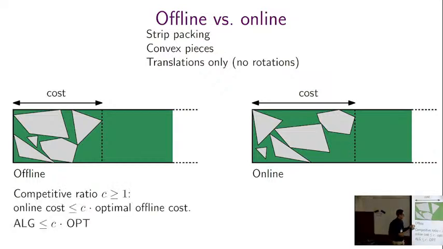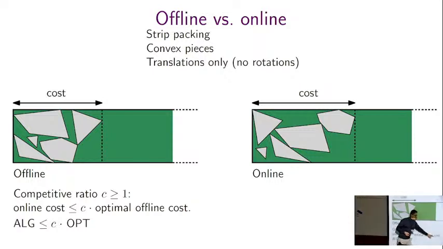Then, similarly to the concept of approximation ratio, we define the competitive ratio here. So the competitive ratio is some constant C, which is a number at least 1. That means that the online cost, the cost we got over there, should be at most this C times the optimal offline cost.